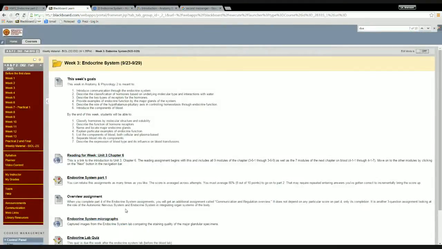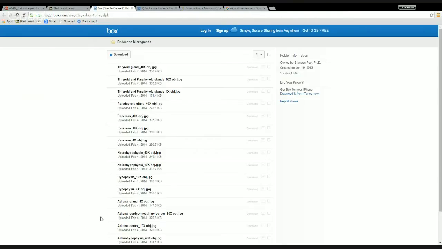So in this week's folder, I have a link that says endocrine system micrographs, which takes you to a folder in a cloud source that you can access from anywhere. I have a number of micrographs that I've captured in one of the labs that I usually teach in, and hopefully in the future, the one we're going to be using this semester will have this too.